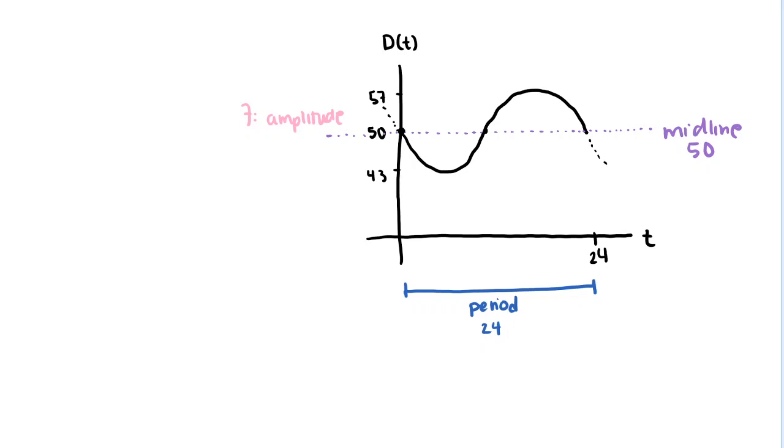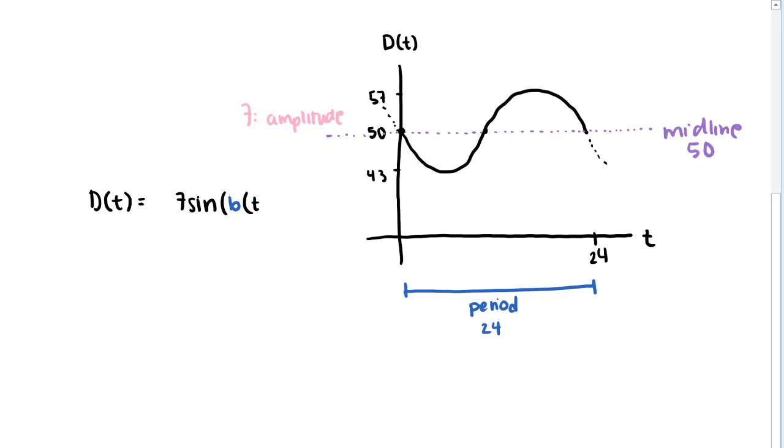So the equation for the function corresponding to this graph and this scenario is going to have 7 times sine of some constant that's going to determine our period, times t.